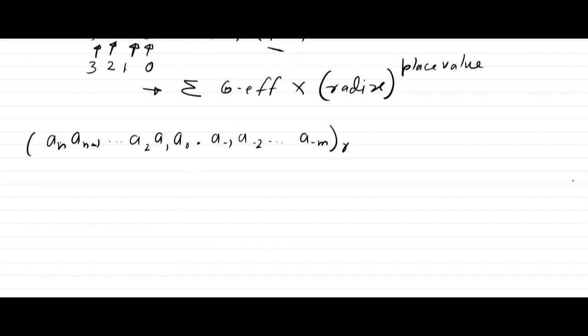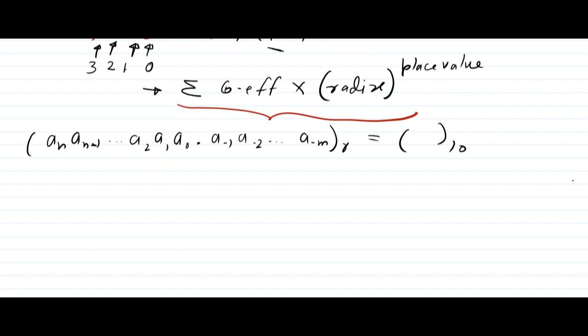Okay, so if this is the number and I want to convert it to base 10, use this method to convert any base or any number system to the base 10 number system.